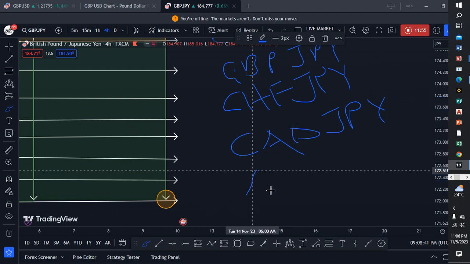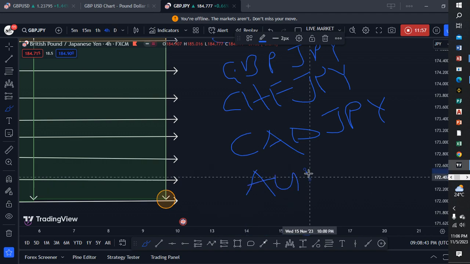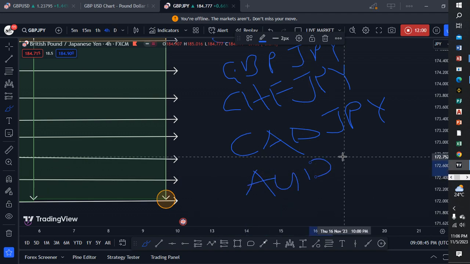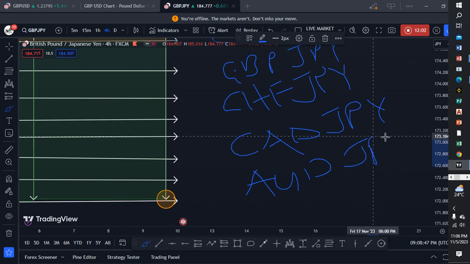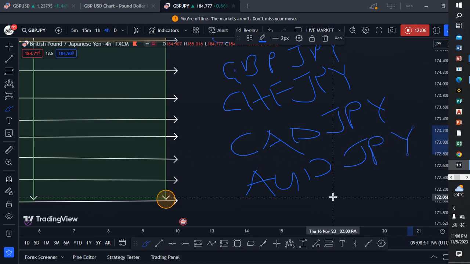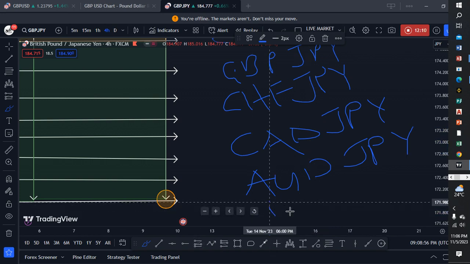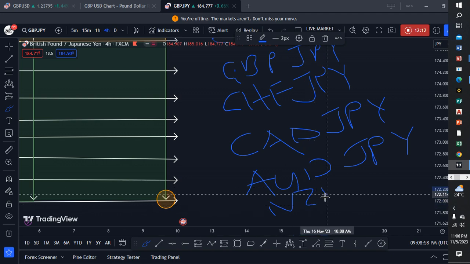We also have the Australian dollar and the Japanese yen, so in Australia and Japan. And lastly, we have the New Zealand dollar, NZD JPY.